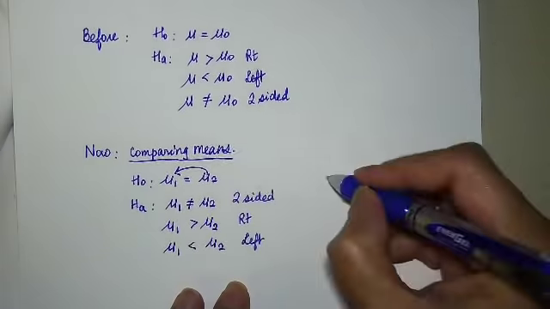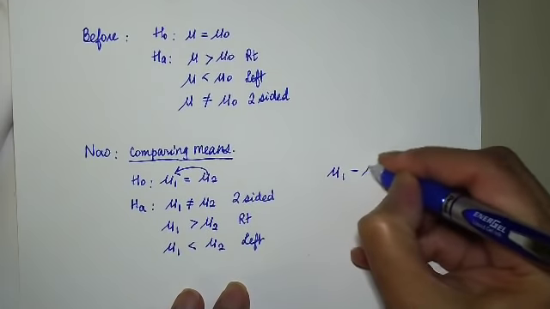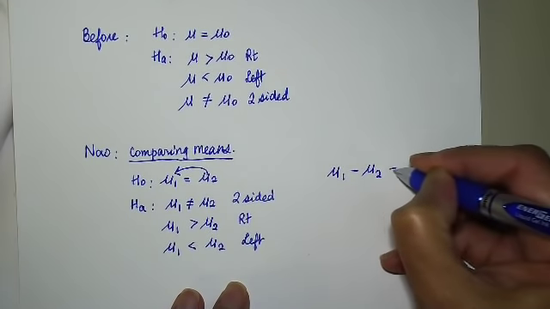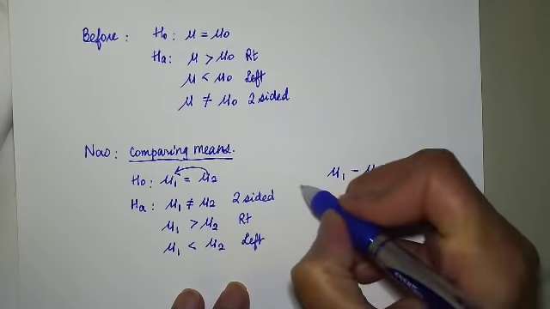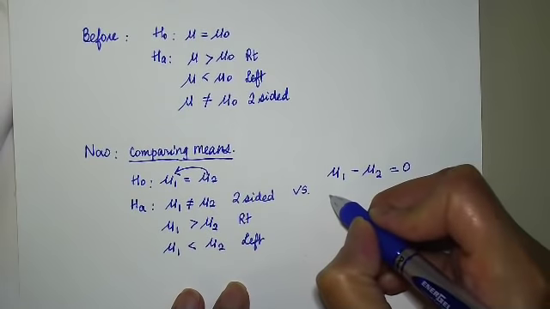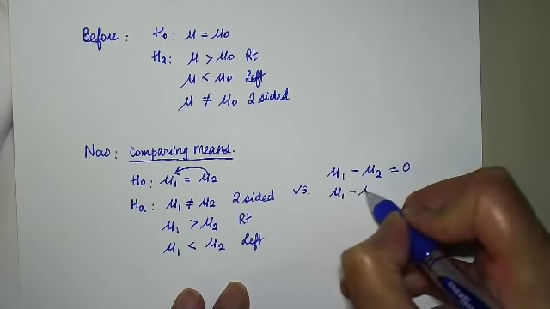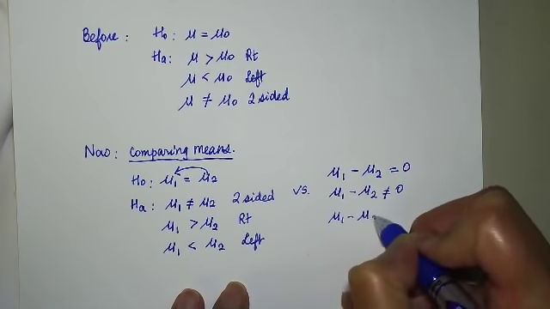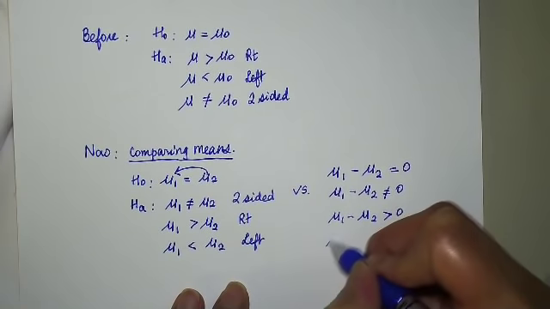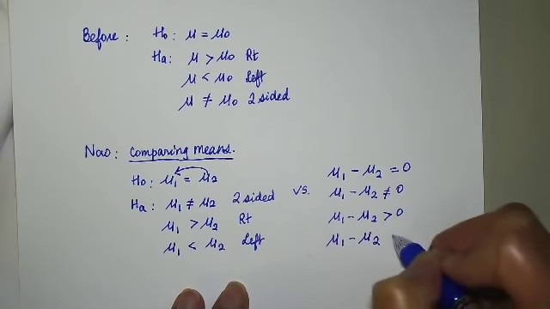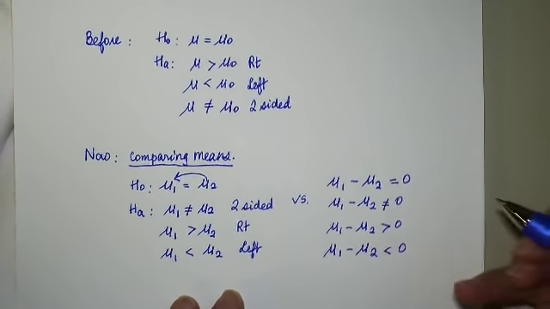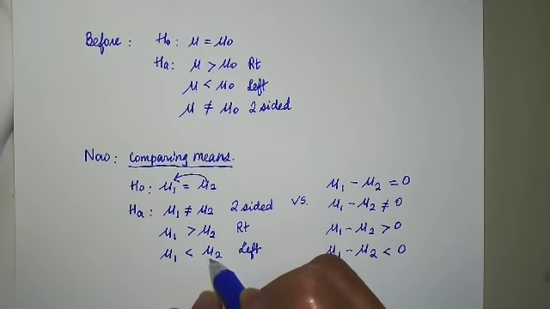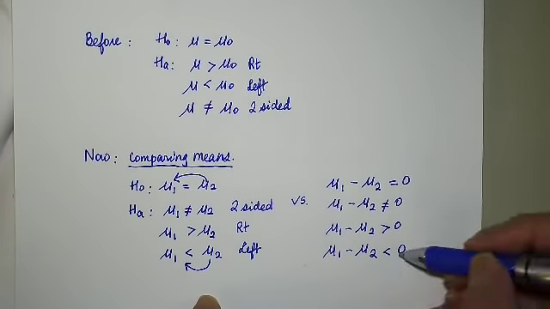Now, immediately, I will bring this mu 2 to the left side, like this. Mu 1 minus mu 2 equals 0 versus mu 1 minus mu 2 not equal to 0, mu 1 minus mu 2 greater than 0, mu 1 minus mu 2 less than 0. This is just algebra.